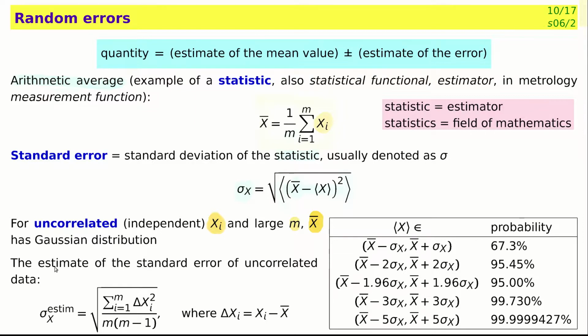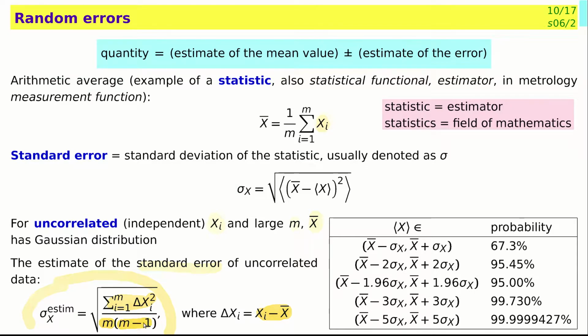Then also, I believe you do know this formula, the standard error of the average of these uncorrelated data is given by this formula. Here is the sum of squares of differences from the arithmetic average. And here is m minus 1.